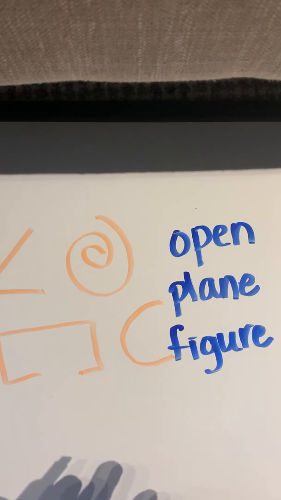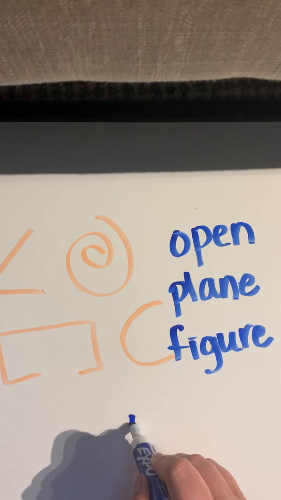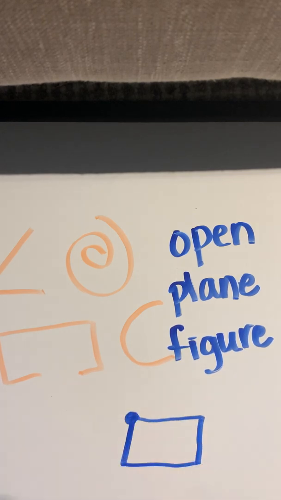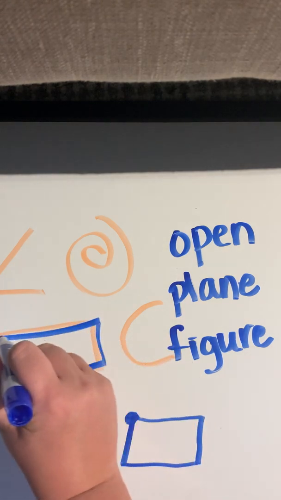Now, if you look at this, they do not have a start and end on the same point, okay? So like if I'm thinking about a rectangle, I'm gonna start here, and I'm gonna end at the same place that I started. This is a closed shape, okay? But all of these, look, when I trace it, I start here, and I go around.